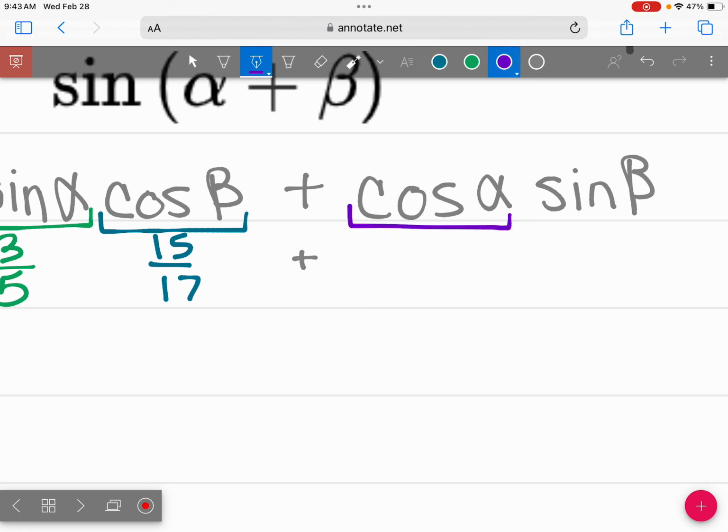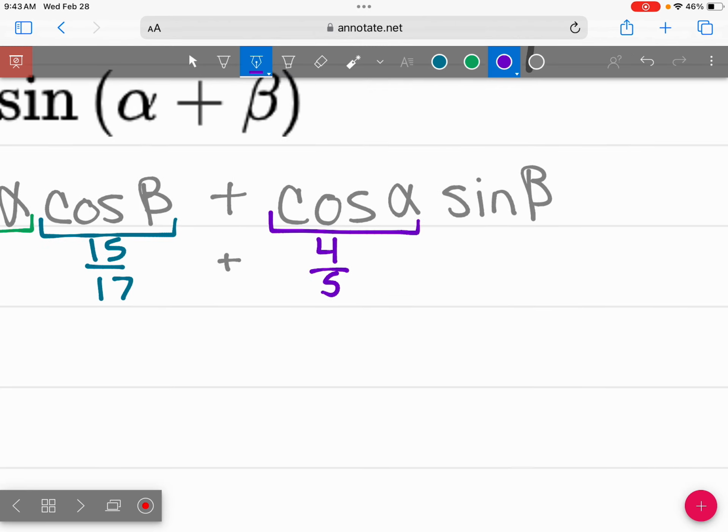Cosine of alpha. That one's even that they gave us. 4/5. It was in the definition. Sine of beta, which is 8 over 17.